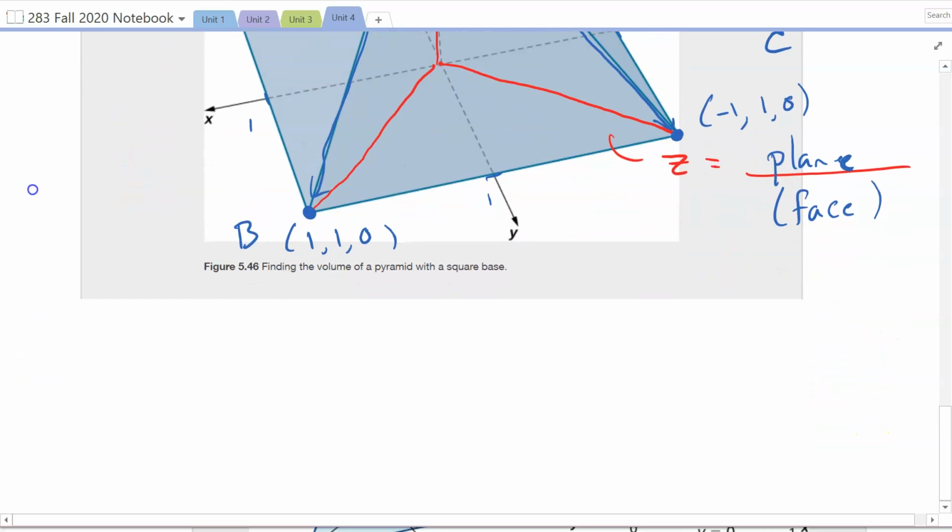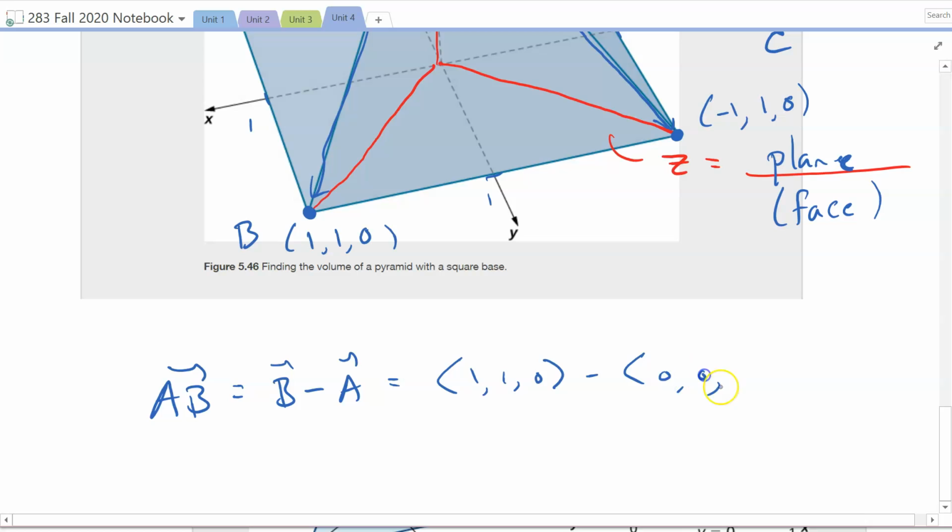Okay, so let's write down those vectors. The vector that connects the points A to B, we've seen before, is given by vector subtraction. If we consider those points as vectors, we're going to do the vector 1, 1, 0 minus the vector 0, 0, 1, and that's going to give us the vector 1, 1, negative 1.